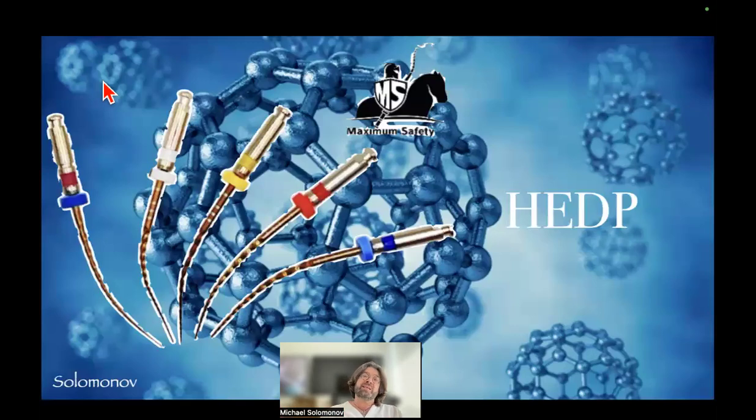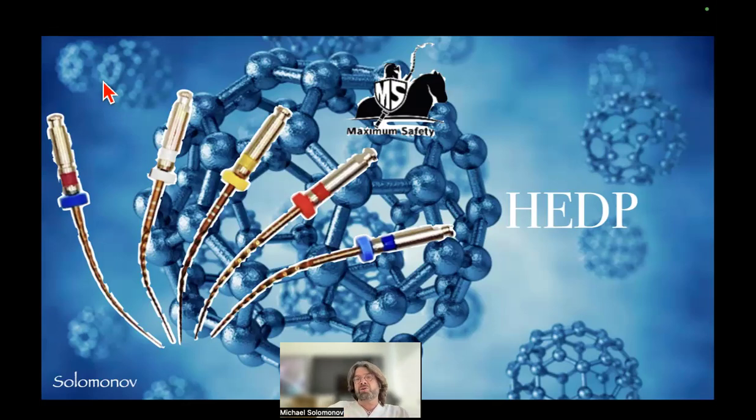In this specific case, as I explained earlier, I used nickel-titanium instruments made from controlled memory wire, a specific system named MS, a controlled memory wire multi-file system with a taper no more than 0.04. I used it in this case because it was a non-vital tooth from the beginning, with HEDP, hyaluronic acid, mixed with NaOCl, the idea of continuous chelation to lower the smear layer and debris in the root canal system.